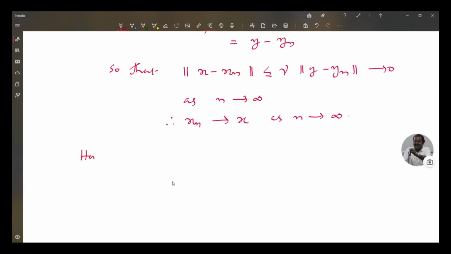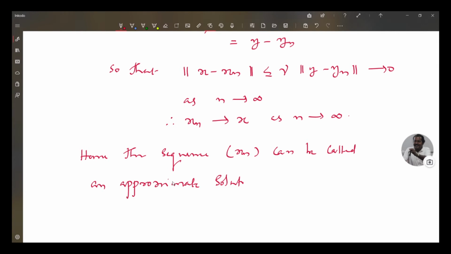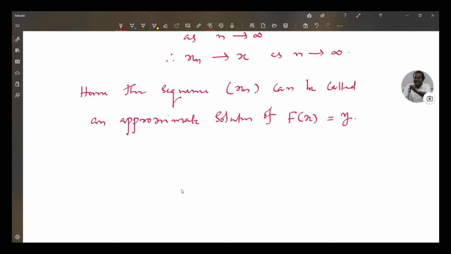Hence, the sequence xn can be called an approximate solution of f(x) = y. That is, the solution x in X corresponding to y in Y depends continuously on y.